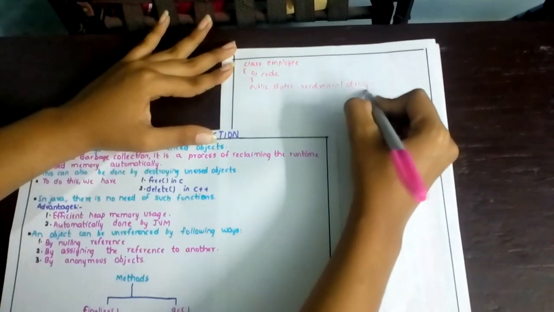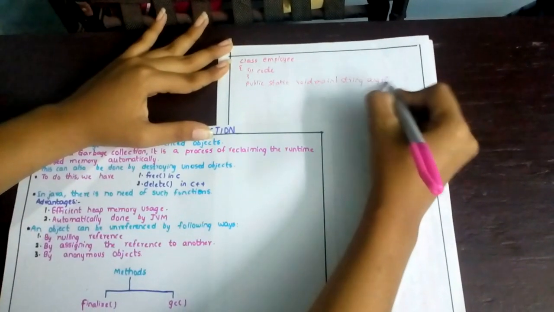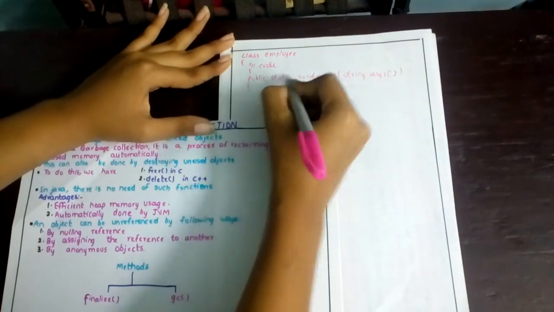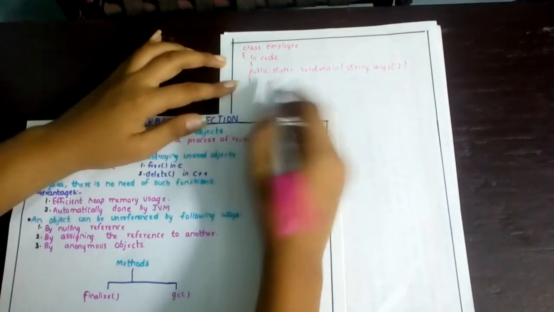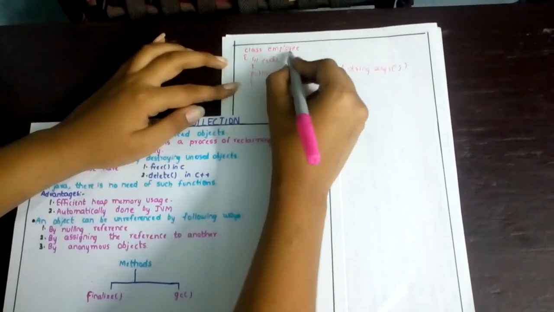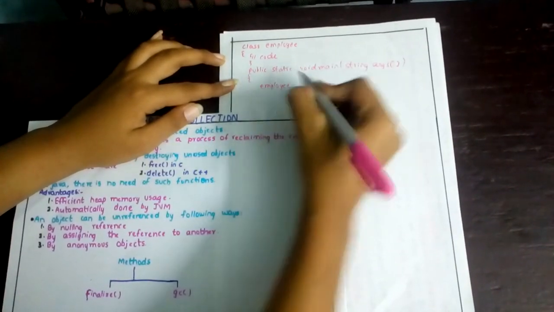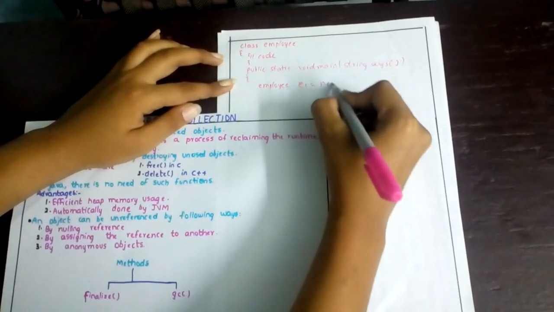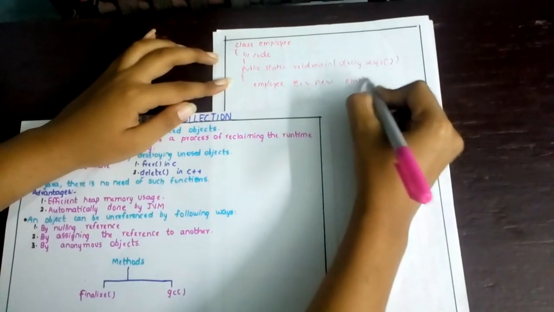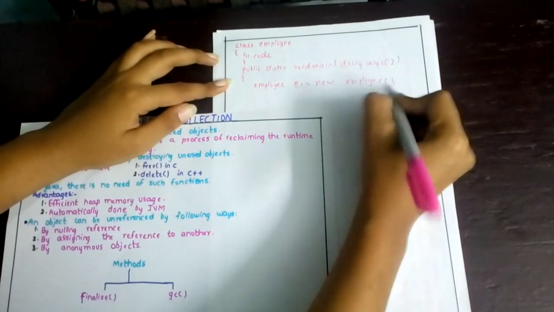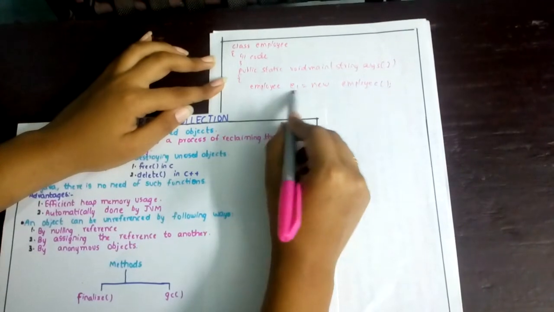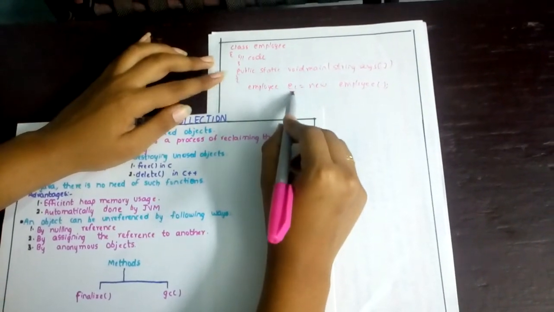This is the main method and we have to use this method in any one of the classes in Java. Now create an object of this Employee class. In order to create an object of the Employee class we have to use the keyword new, and thus we can create an object of the Employee class.